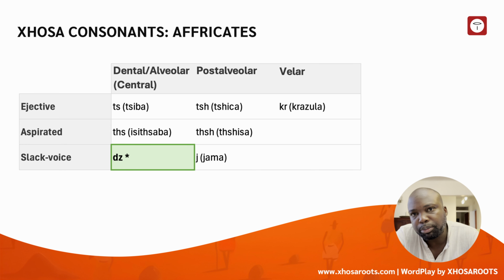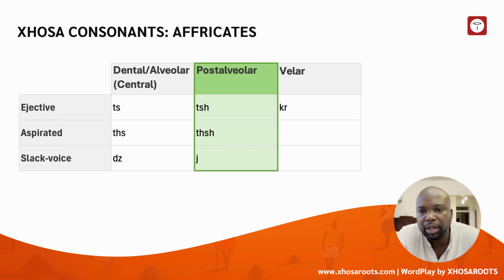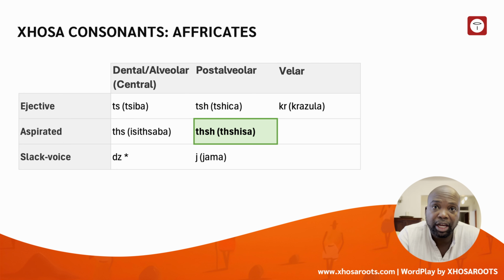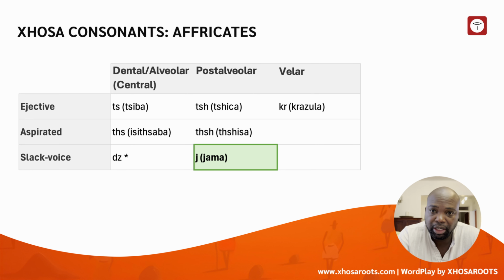And then when we look at the postalveolar types, we have the ejective tch, and the aspirated version of that, and then we have the slack voice version, which is j.